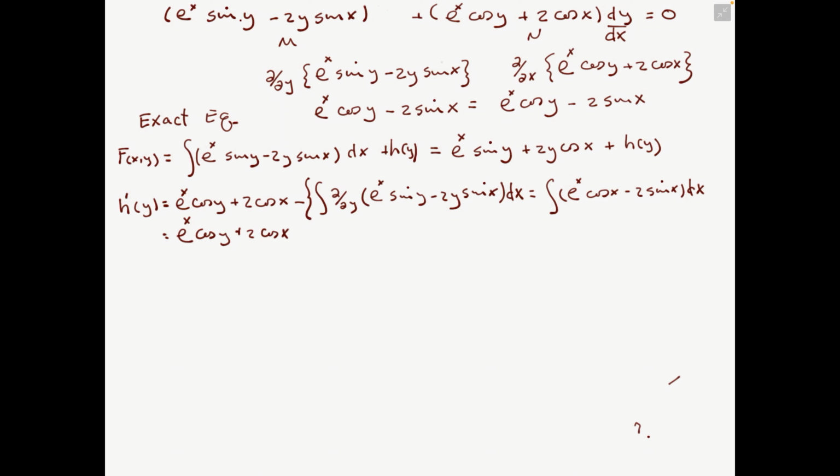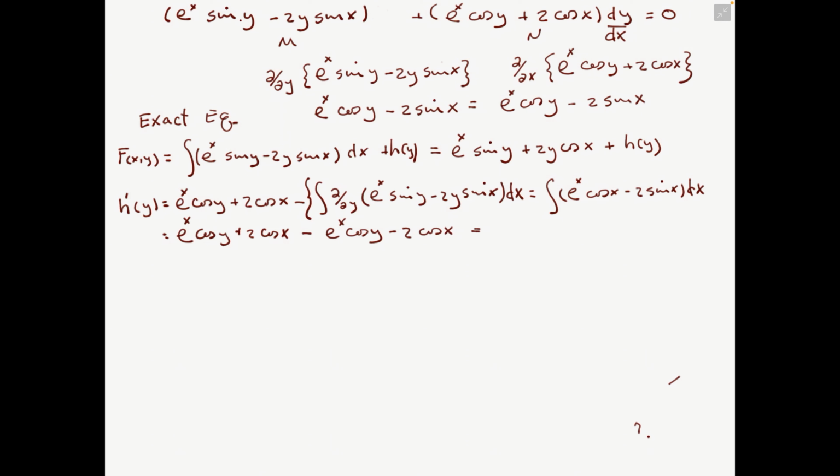This is e to the x cos y minus 2 sine x dx.